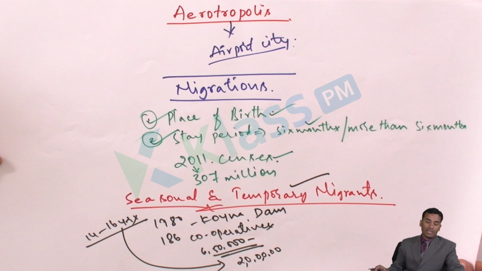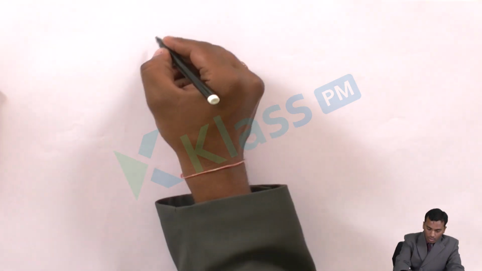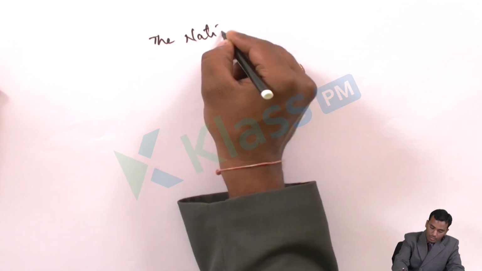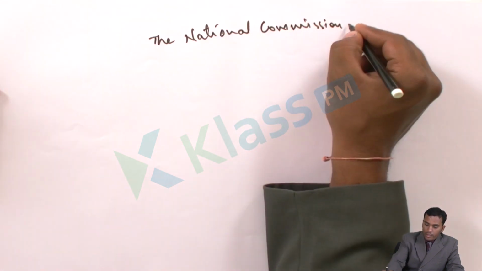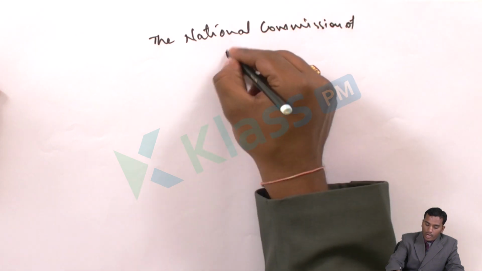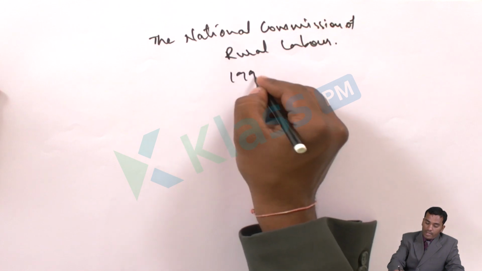Why do these seasonal or temporary migrations happen? The reasons have been stated by one of the organizations in our country, the National Commission on Rural Labour, in the 1990s.